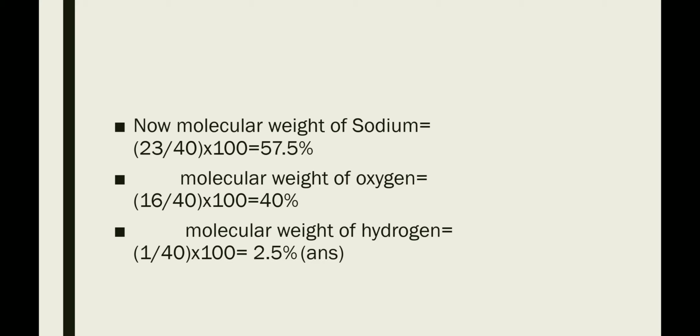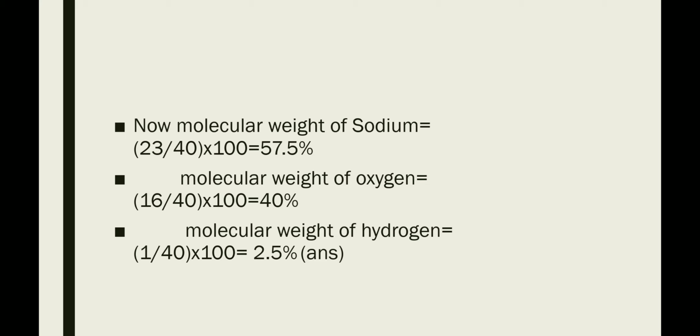Now how to calculate percentage composition of oxygen. In sodium hydroxide, we have one atom of oxygen. Therefore, one atom of oxygen is 16, by molecular weight 40, into 100. 16 by 40 into 100, which is equal to 40%.